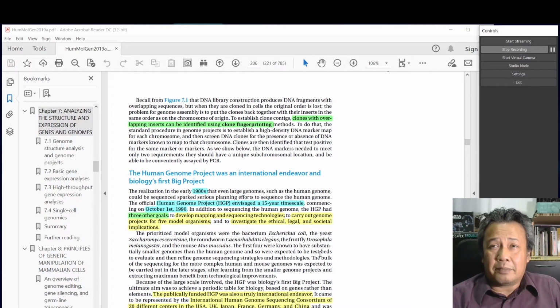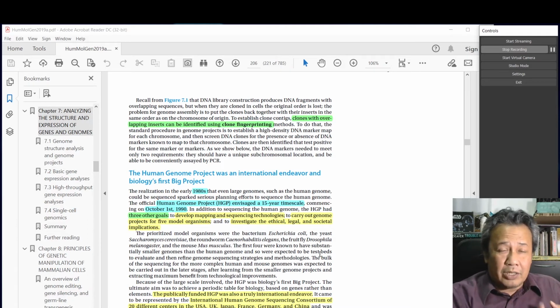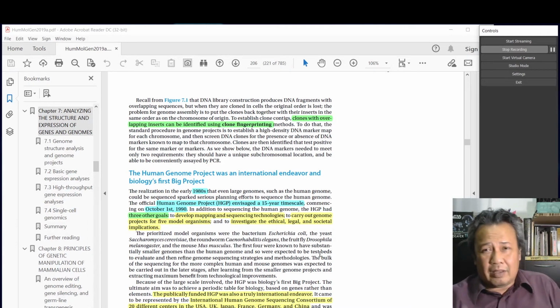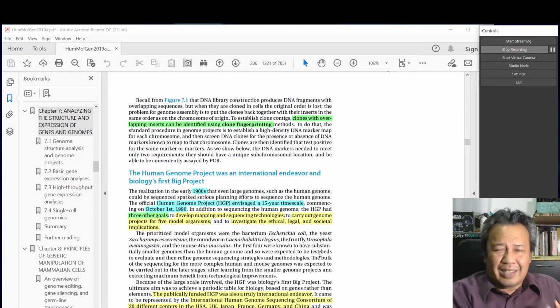And this has been the basis of one of the earliest fingerprinting methods. You take an individual, you cut with an enzyme. Each individual is expected to have a unique banding pattern. You may use one enzyme, you may use 2 different enzymes or 3 different enzymes, or you may use individual enzymes individually, things like that.